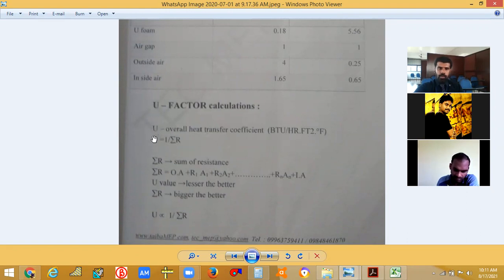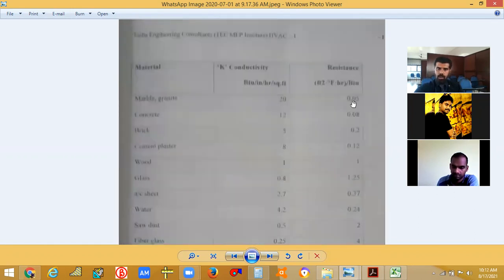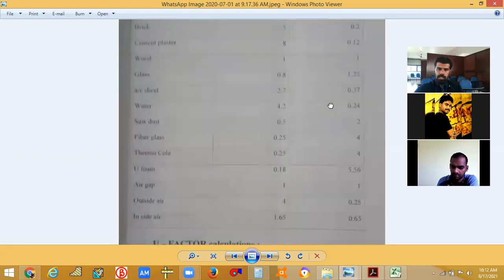If you need to find the U, the overall heat transfer coefficient or U factor, you can do it by two methods. If you know all the U values, you can just add them, or if you get the resistance values, add all the resistances and divide 1 by that.